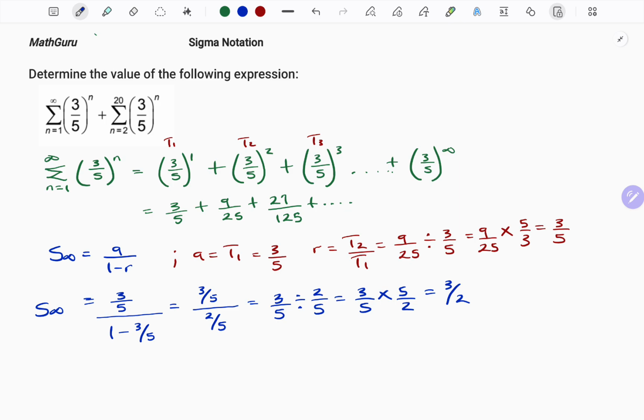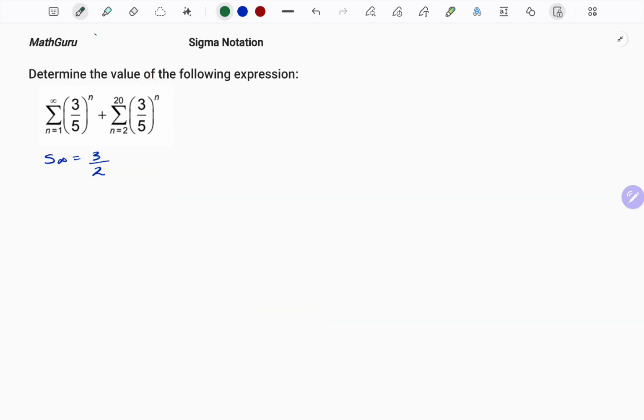The next step is to find the value of the second term. For the second term, I have the summation of n equals 2 to 20 of 3 over 5 to the power of n. So what I'm going to do here is find a couple of terms like I did in the first example.